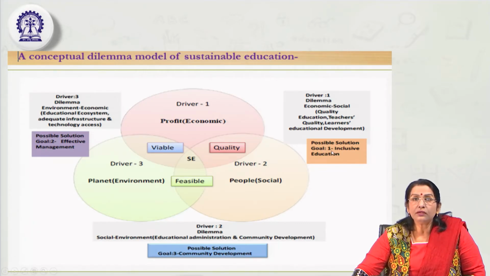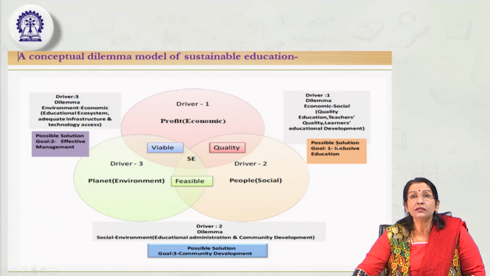Inclusive education includes not only the cognitive, emotional and behavioral development of the learners, but also enhances teachers' quality, teacher-student interaction, effective learning outcomes in terms of overall personality development of the students, and teachers' job satisfaction, in-service training, updated knowledge, motivation, everything.